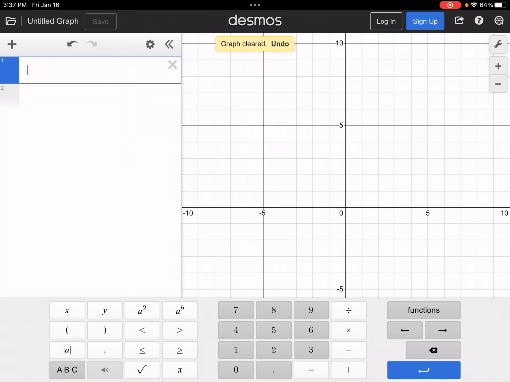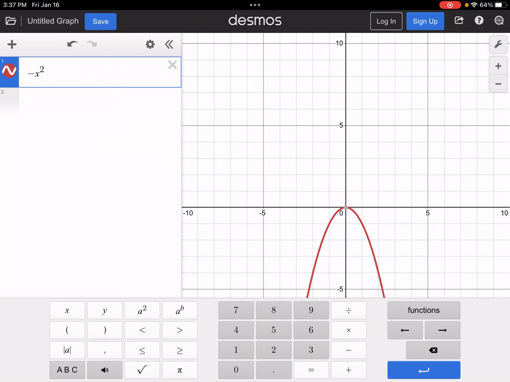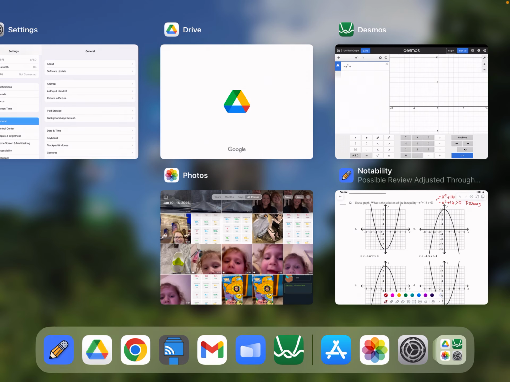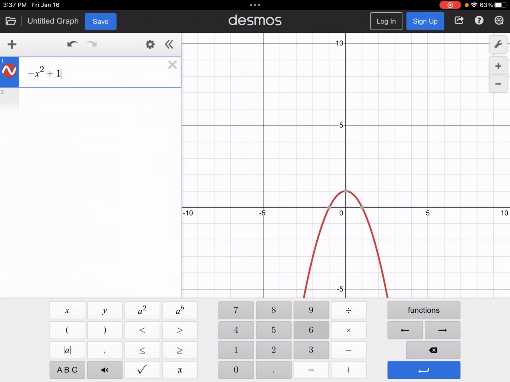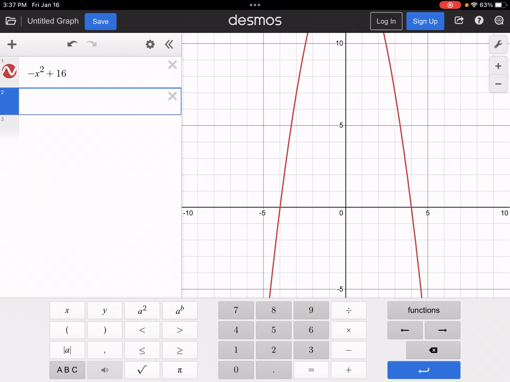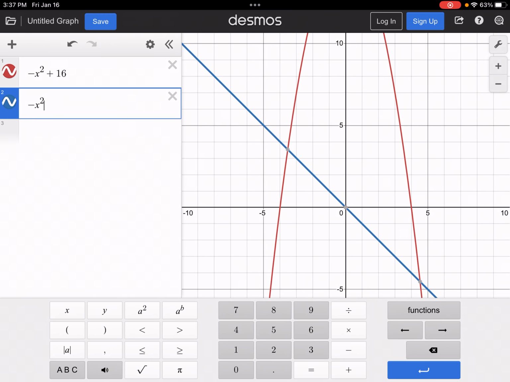So we have negative x squared plus 16, and then the other one is negative x squared plus 16, and we want to know when it is greater than 0.